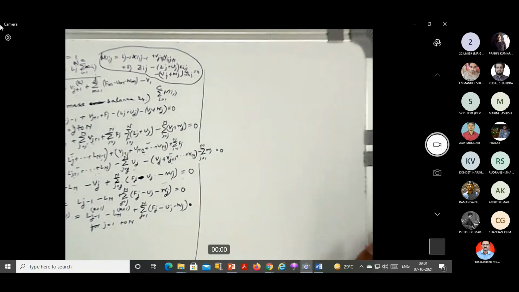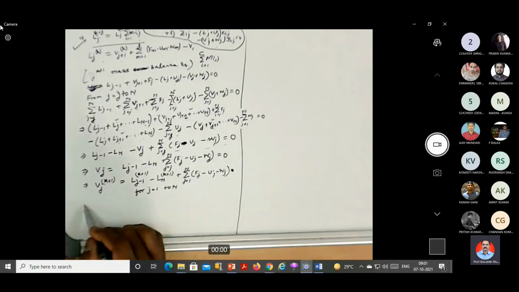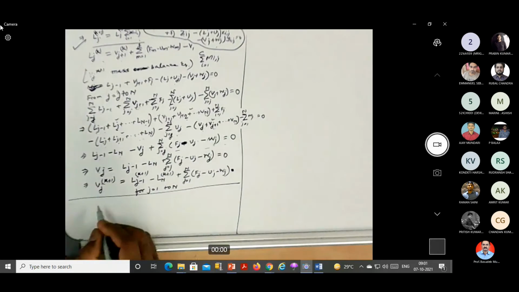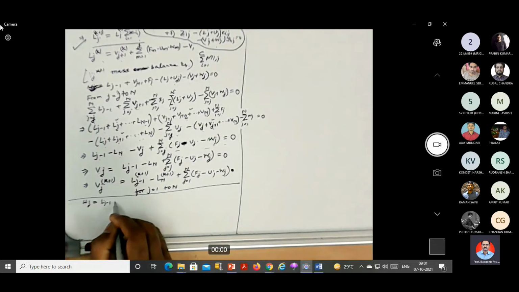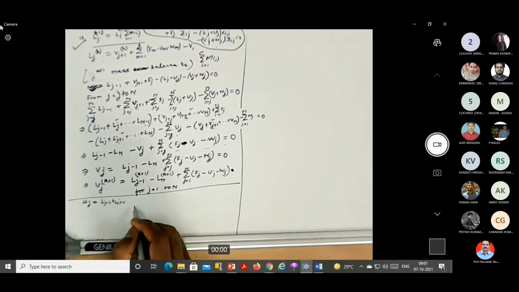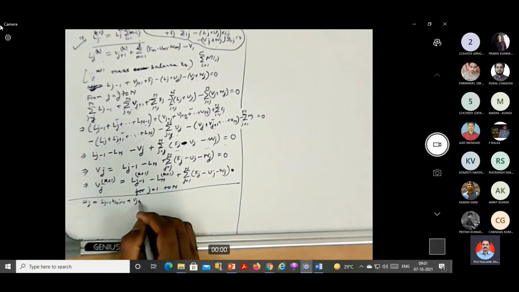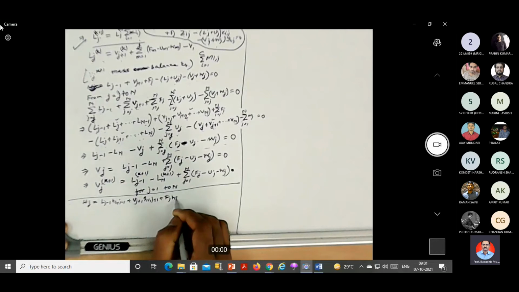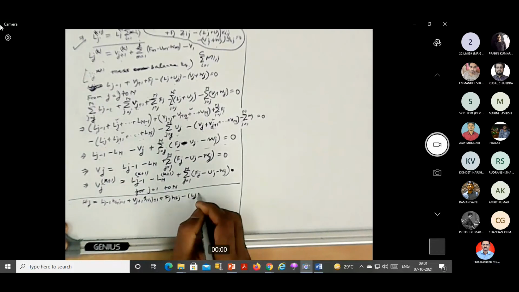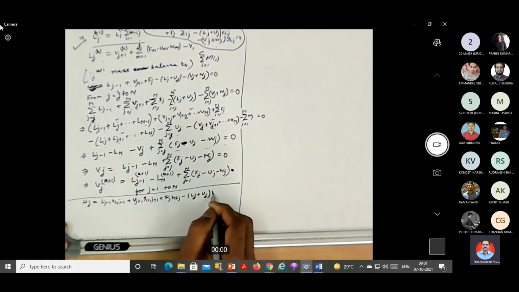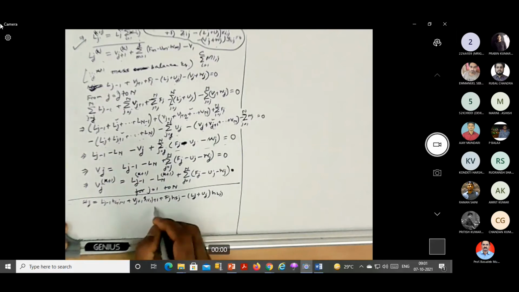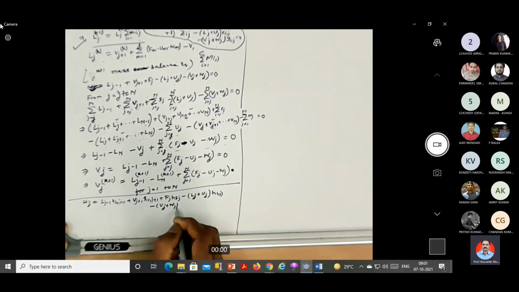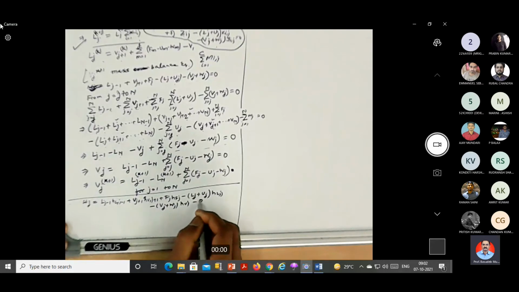Now, in this case, the energy balance equation we can write for any stage: Hj equals Lj minus 1 into HL j minus 1 plus Vj plus 1 into Hv j plus 1 plus Fj into Hfj minus (Lj plus Uj) into HLj minus (Vj plus Wj) into Hvj minus Qj equal to 0.